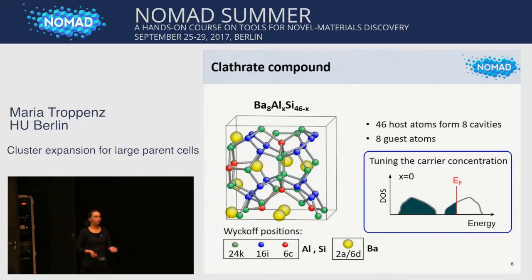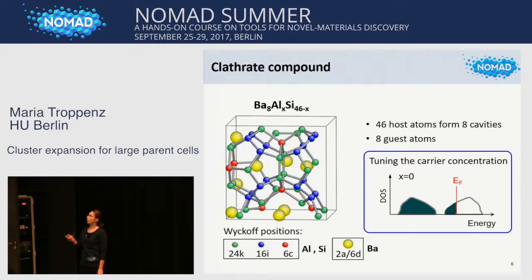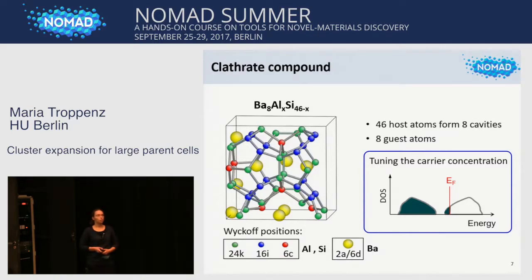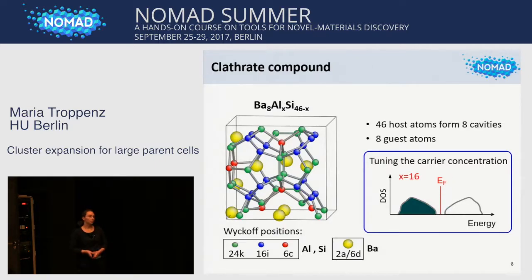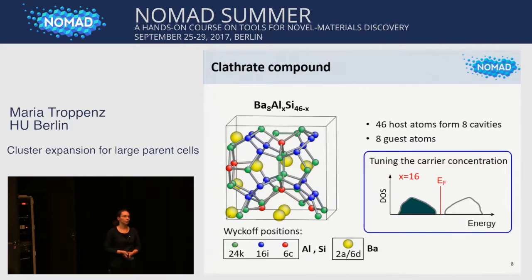Now we can put the guest atoms inside the crystal in the cages, and for each guest atom, in the case of barium, we obtain 2 additional free charges, in total 16 free charges, and this compound becomes metallic. These free charges can be compensated one by one by substituting the host structure with aluminum, and the number of free charge carriers gets reduced. One is expected to find a semiconducting behavior again if one has 16 aluminums inside the crystal, and this is called the charge compensated structure.